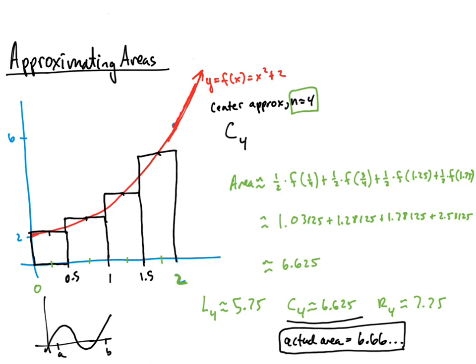As we do that, we would see that the rectangles would be getting smaller and smaller, and the approximation would be getting closer to the actual area. And that's what we're going to be looking at next. So let's look at another function. f of x is equal to (x minus 1) cubed plus 4. And we're going to look at that over the interval 0 to 2.